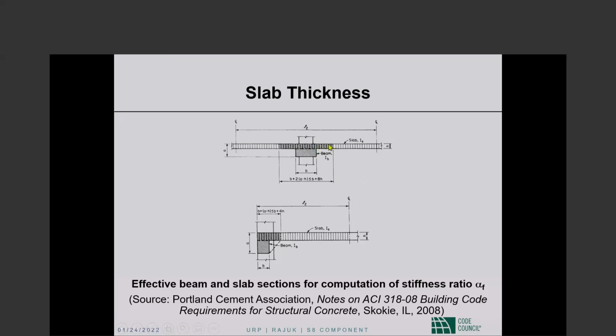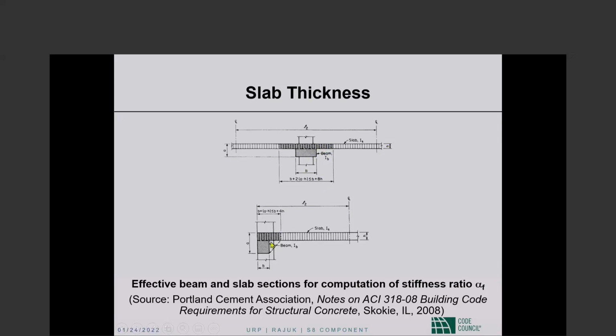So this overhanging width is equal to whatever part of the beam is sticking below the slab, except this cannot be taken any wider than 4 times the thickness of the slab. Okay.